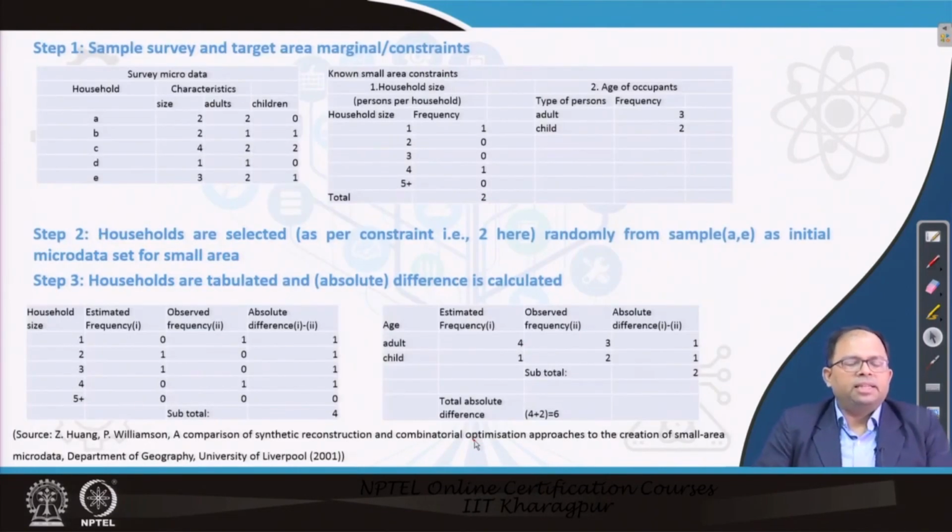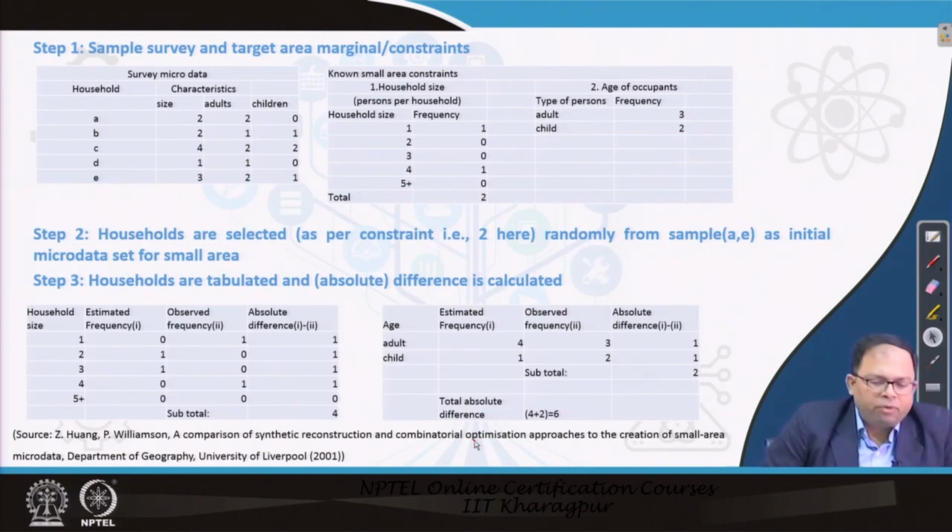So, here in this example you can see in step 1, suppose this is the list of my samples. A, B, C, D, E are household samples, and these are the characteristics of that particular household sample, like household size, number of adults, number of children in that household. We can see that sample A is of size 2, there are 2 adults, there are no children.